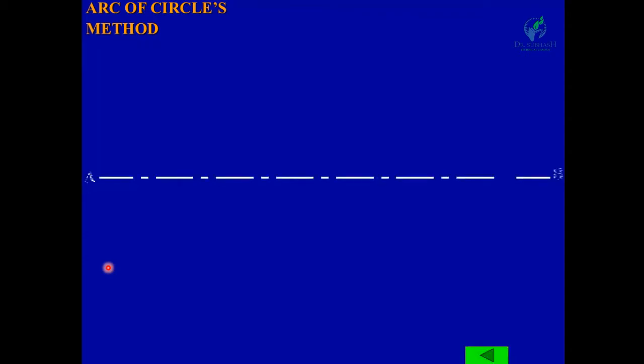First of all, draw a major axis AB of 100 mm length, and from the midpoint of this major axis, draw a line perpendicular to AB of length 70 mm, CD. So CD is the minor axis.